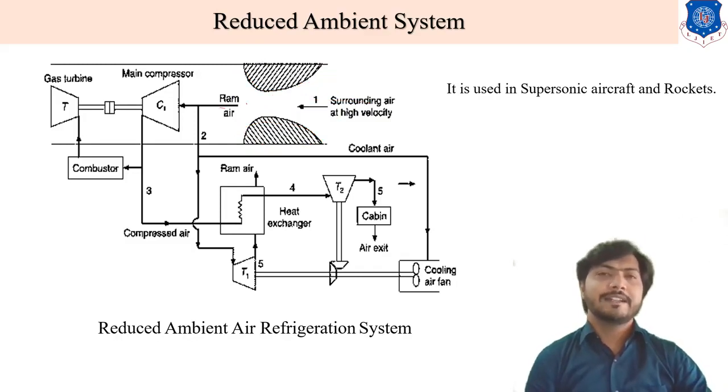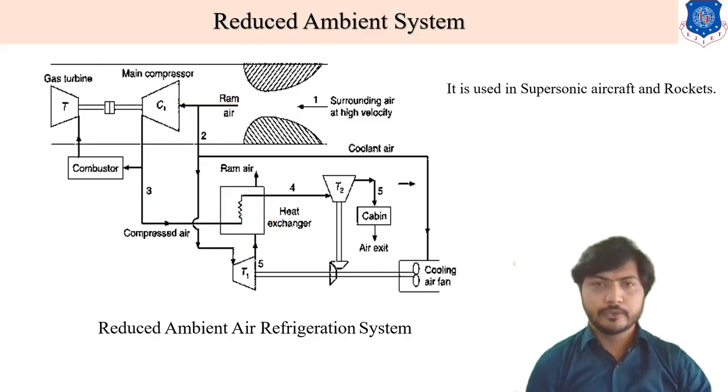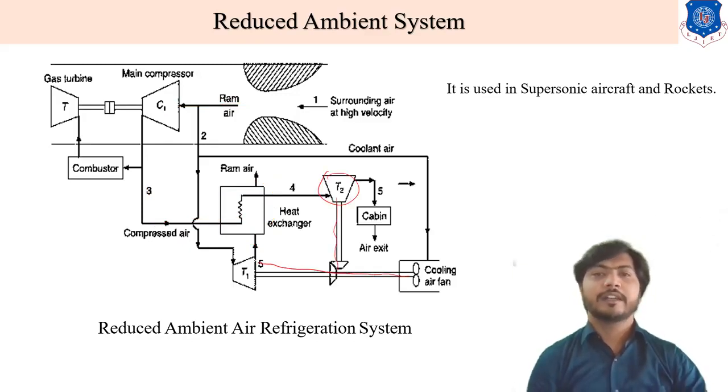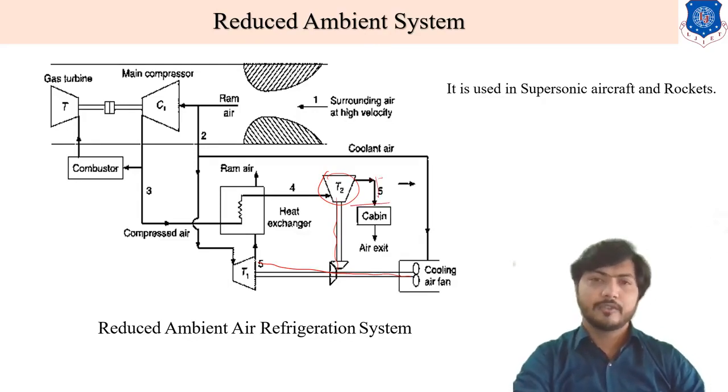Then this rammed air is passed into the compressor, and some amount of air is passed into heat exchanger number 1, where the turbine's coolant air transfers heat from this ram air. Then this cold, reduced temperature air is passed into turbine 2, which drives the shaft connected with the cooling fan. Okay, and after turbine 2, at point 5, the air is transferred to the cabin.